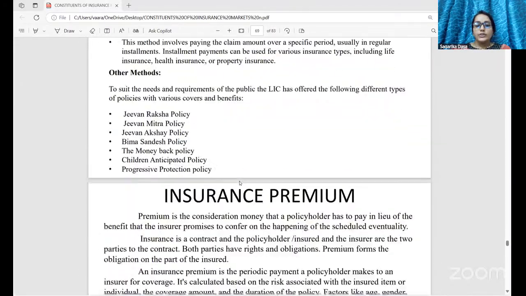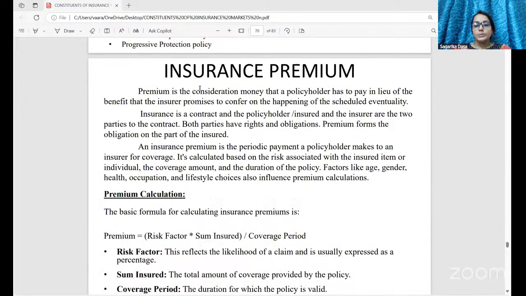Now let us continue with another concept called insurance premium. Insurance premium is the consideration money that a policyholder has to pay in lieu of the benefit that the insurer promises to confer on happening of the scheduled event.